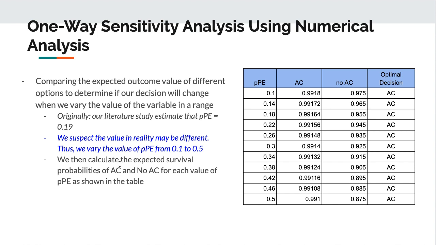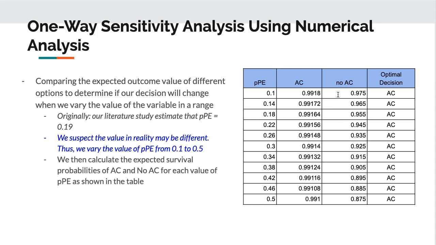With this assumption, we're going to calculate the expected survival probability of two different options: AC, anticoagulation, and no AC, meaning no anticoagulation, corresponding to each of the values of PPE. So we can vary the value of the PPE from 0.1 to 0.5, and then we can calculate the corresponding values for the AC and for no AC.